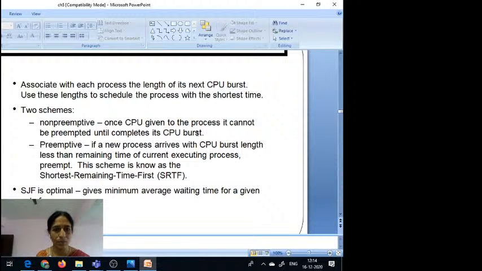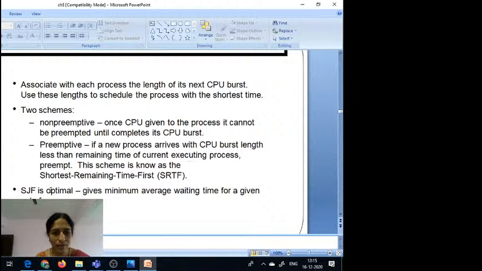That means if the process requires 10 milliseconds to complete its task, the process does not come out of the CPU until all 10 milliseconds are completed. That is the non-preemptive version, which we discussed yesterday.